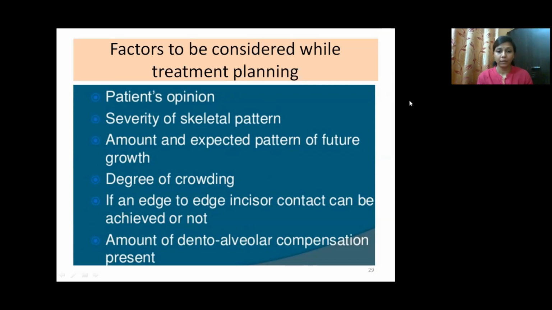Also the degree of crowding, as in whether an edge-to-edge incisor contact can be achieved or not after the orthodontic treatment, and also what amount of dentoalveolar compensation is already there. So these are the factors which we have to consider during planning of treatment.